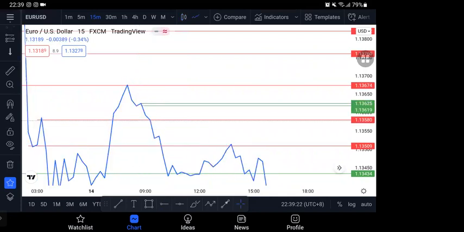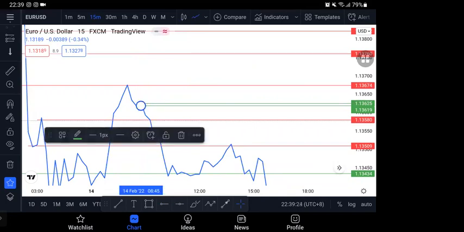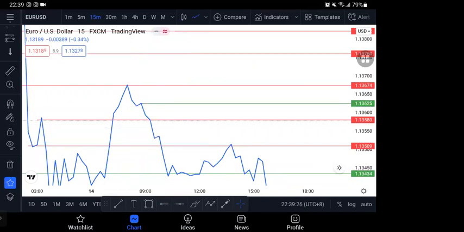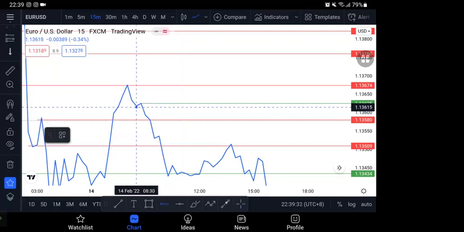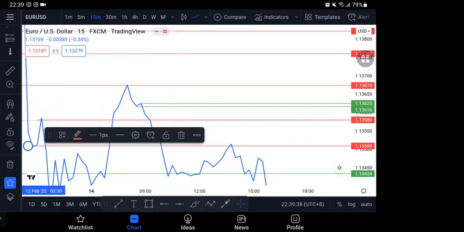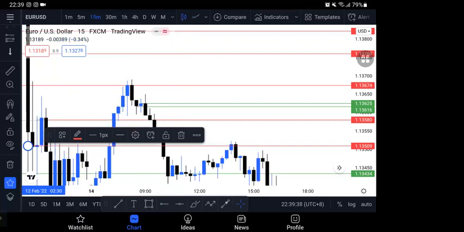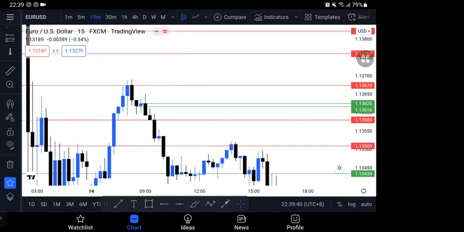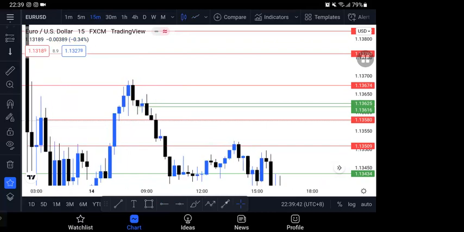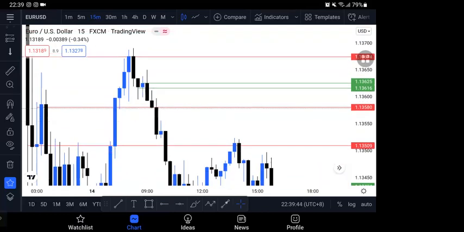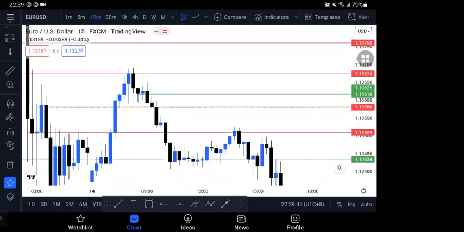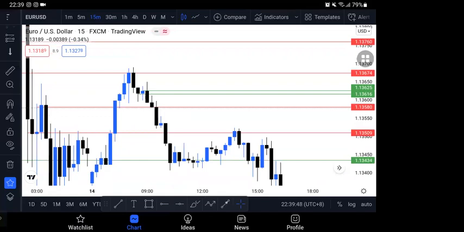So if you guys are not clear how to mark, just change it. So you guys, do you guys have any problem? How do I pick this level? How do I choose this level?